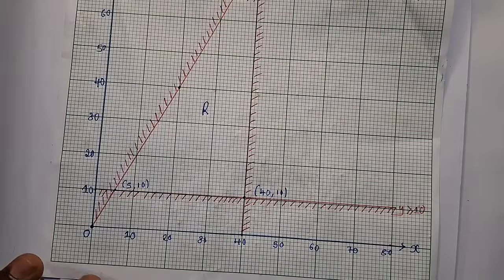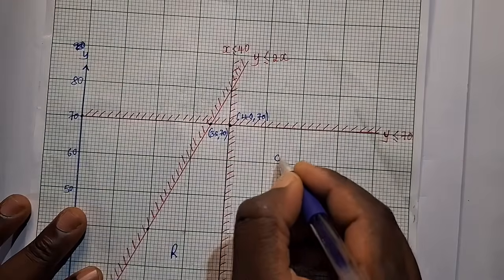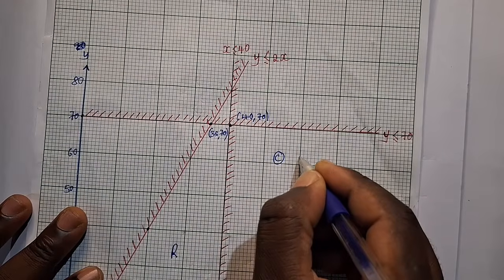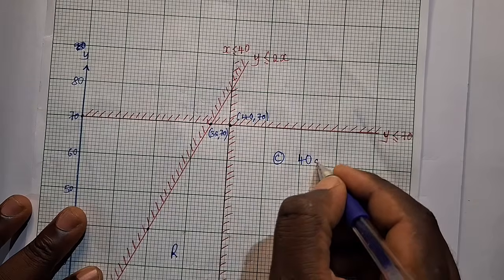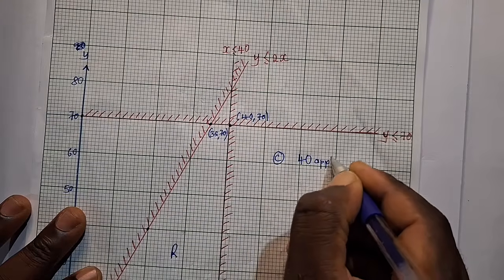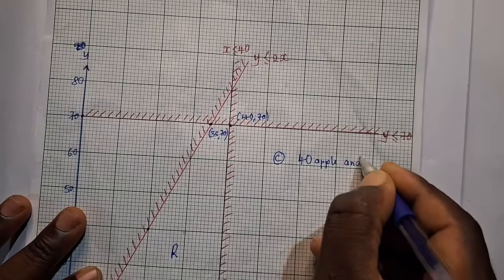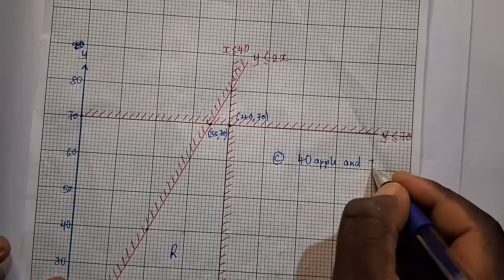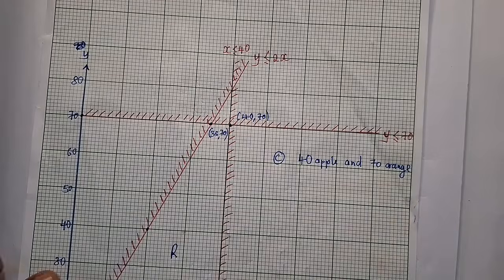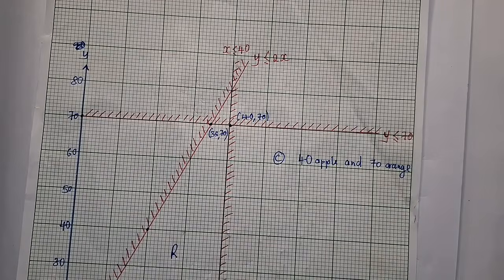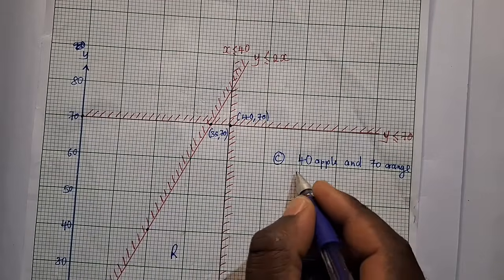So in your writing, you put it here, anywhere, even here, it's okay. So I'll write my equation C here. So I'll say 40 apples and 70 oranges. So you can write your answer like this, and if you don't mind, you show the steps, how you found it.